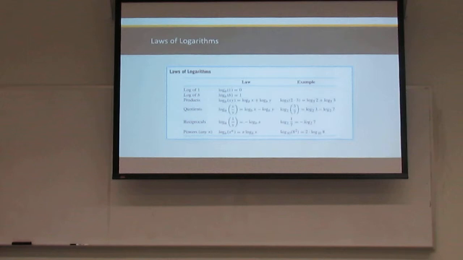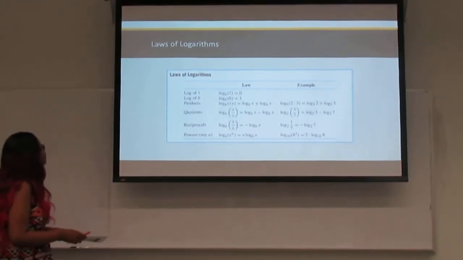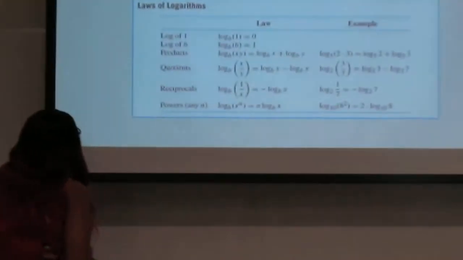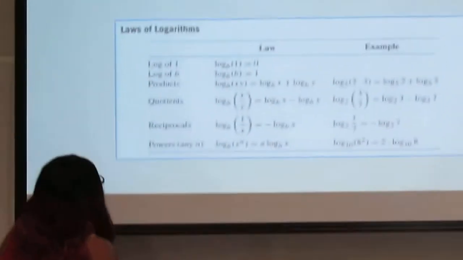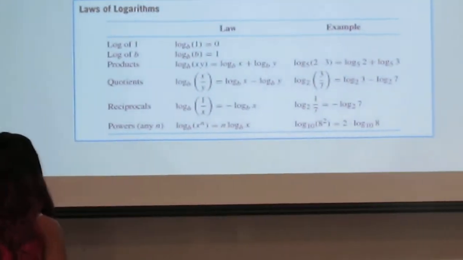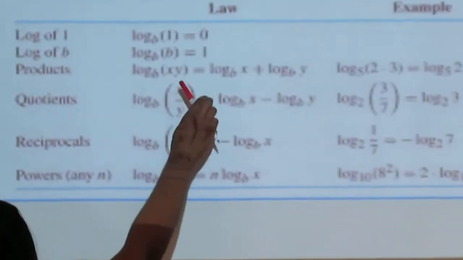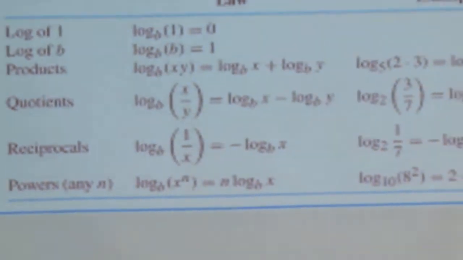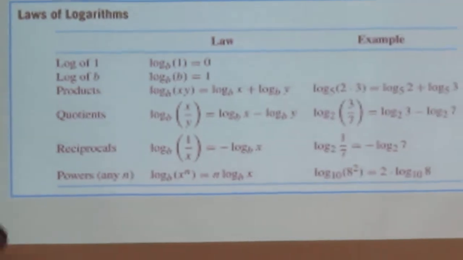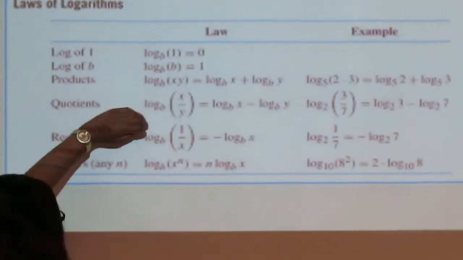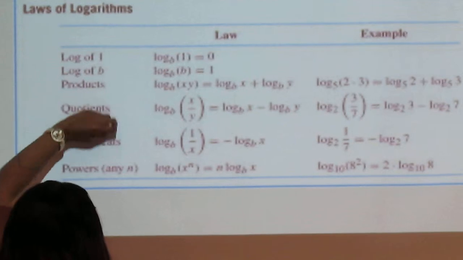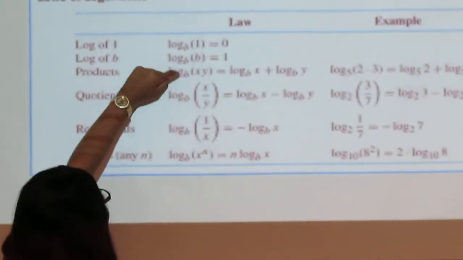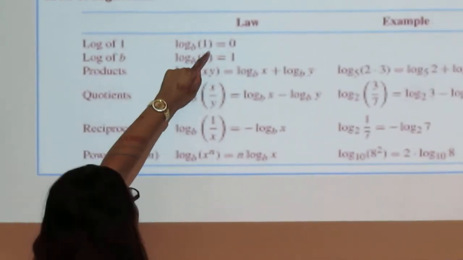The laws of logarithms. The first law you can't see because it's kind of blurry. The log of 1 would be 0. The log of 0 basically means that it's undefined. The log base b of b, which you can't see, would be 1. So basically this is saying that log base b of b equals 1.